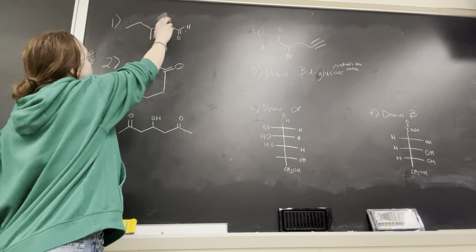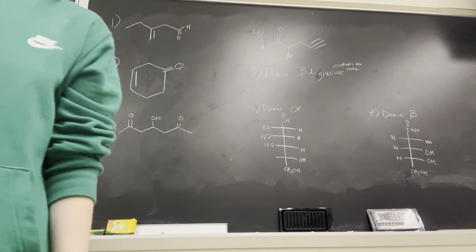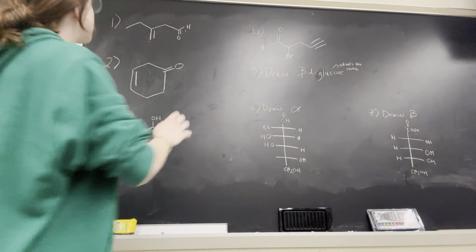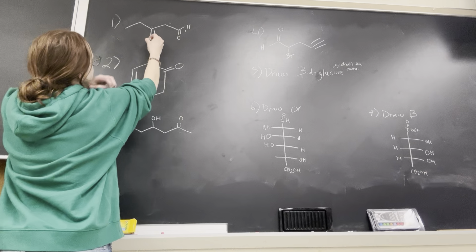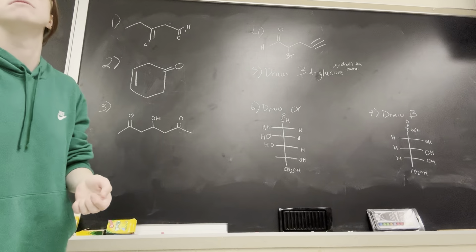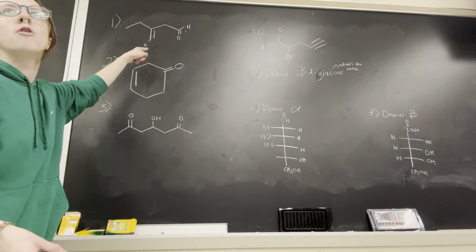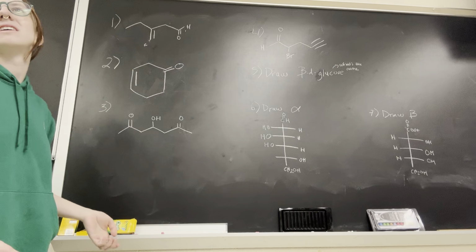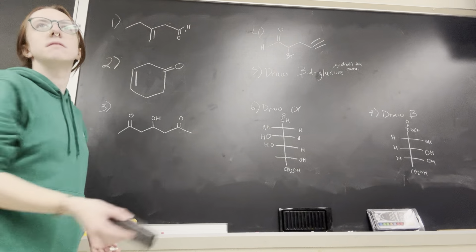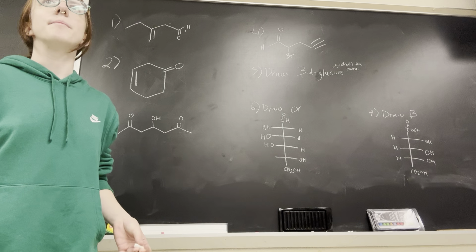Substituents that don't matter are anything that's not a methyl or ethyl. So if instead of this it were a bromine, you do the same thing. You have to get everything on the chain, because these can just be reduced to ethyl, methyl. It's only for naming ketones and aldehydes.